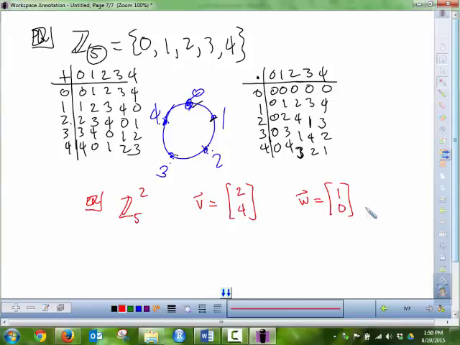So I can add them. So what's V plus W? Well, it has to be a vector. 3, 4. Now that wasn't interesting.